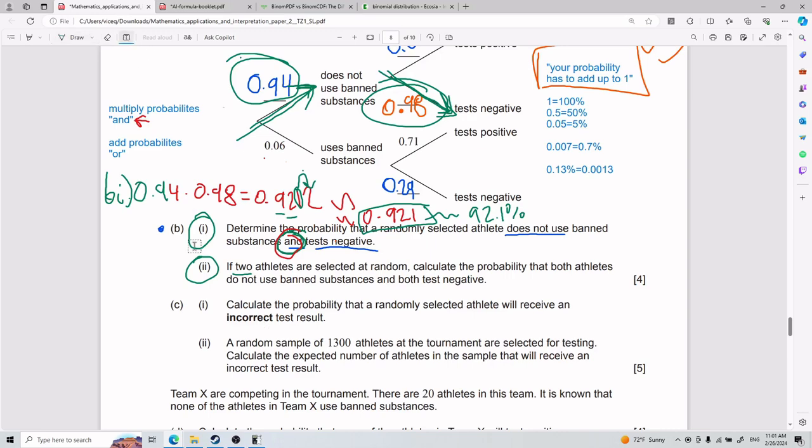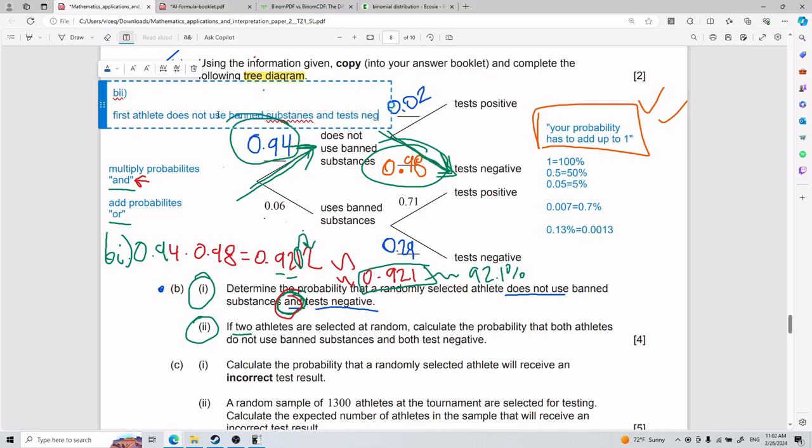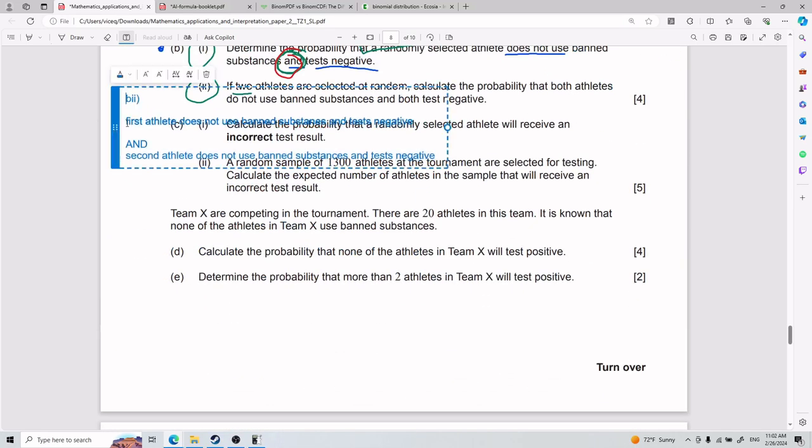So if I were to think about this in words, really think about and or, we have that for part B-II, and this is why it's very important to use the and or words. We have that the first athlete does not use banned substances and tests negative, and the second athlete does not use banned substances and tests negative.